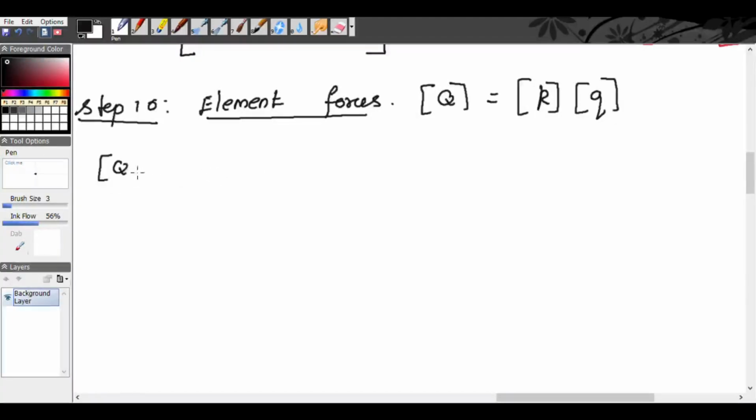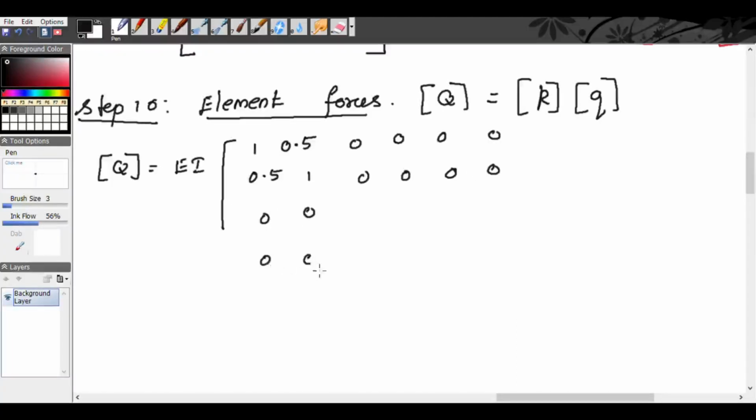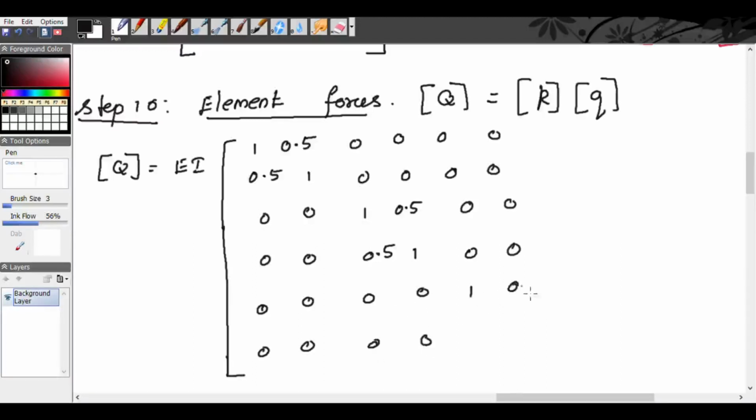So your capital Q, that is element forces, will be equal to small k, which is EI into 1, 0.5, 0.5, 1, 0, 0, 0, 0, 0, 0, 0, 0, 0, 0, 0, 0, 1, 0.5, 0.5, 1, 0, 0, 0, 0, 0, 0, 0, 0, 0, 0, 0, 0, 1, 0.5, 0.5, 1, multiplied by small q, that is element displacement.